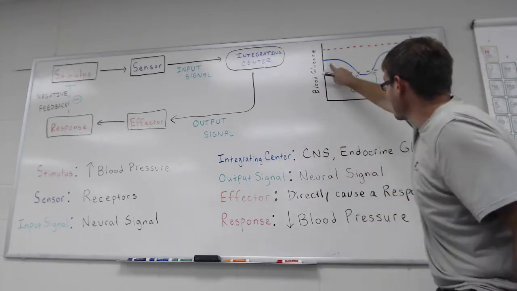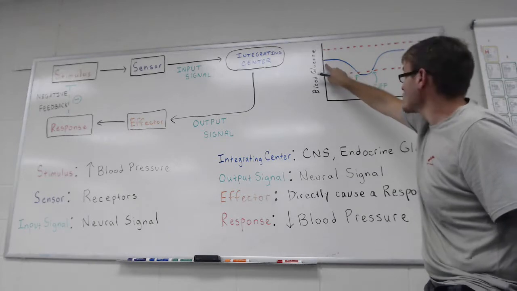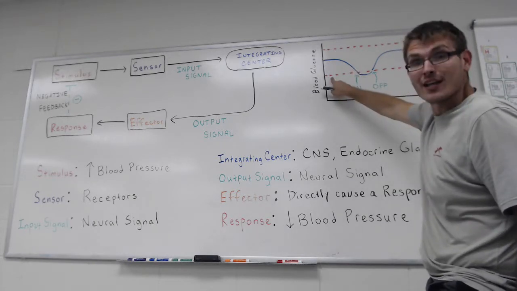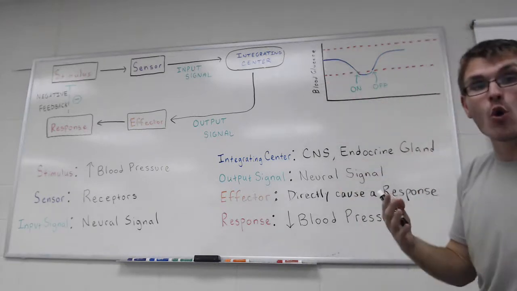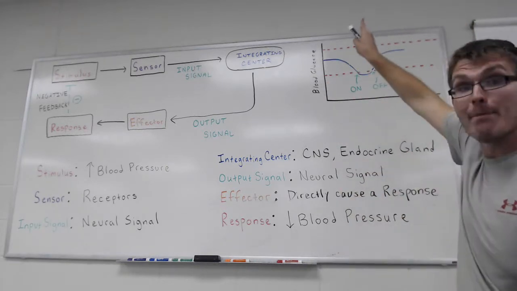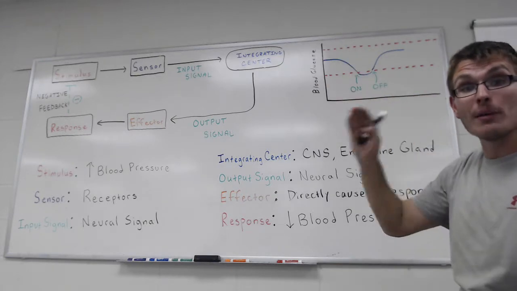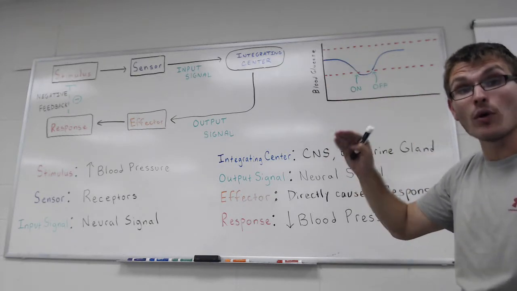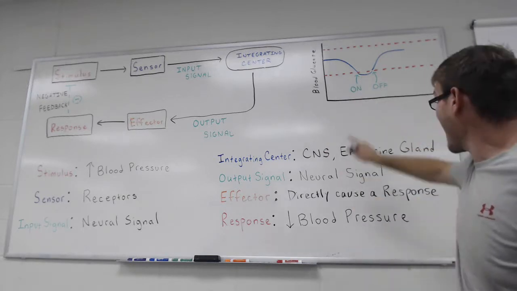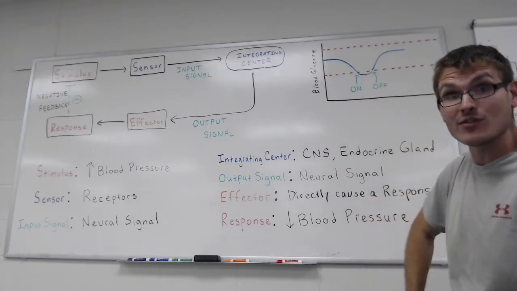So if you consider this right here, we have a case where your blood glucose starts to fall. These red dotted lines are meant to indicate the normal range that we want blood glucose to be in. If we go above the red line, blood glucose is too high and we'll need to do something to fix that. If we go below the red line here as we are, we need to do something to fix that too.